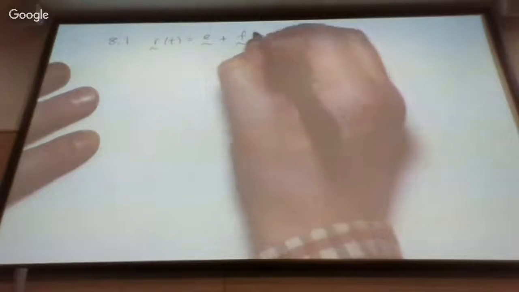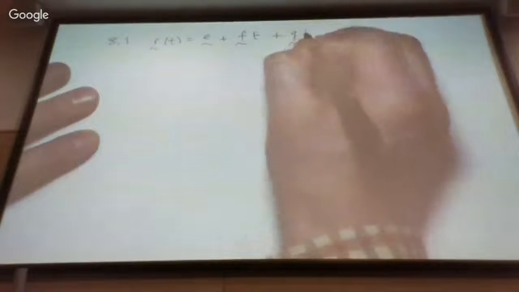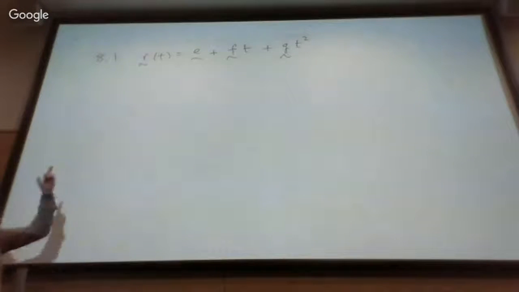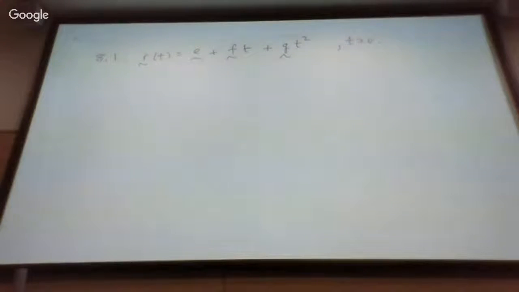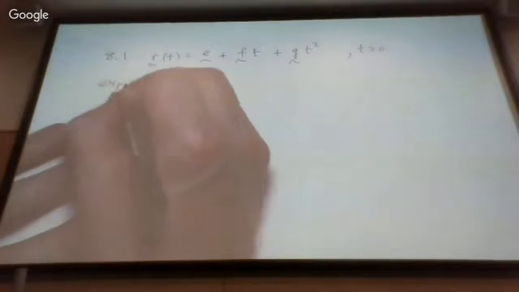So we can have a look at this. So 8.1. So we've got r of t. Vector r of t is the way it's given, e plus ft plus gt squared. So in particular, at time 0, it'll have position vector e. So think of e as being the initial position of the object. So we can express velocity.